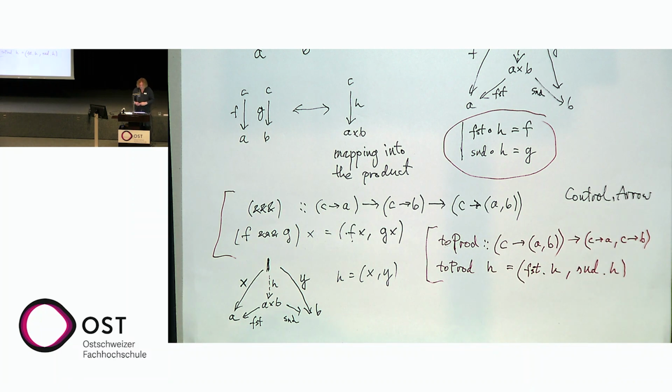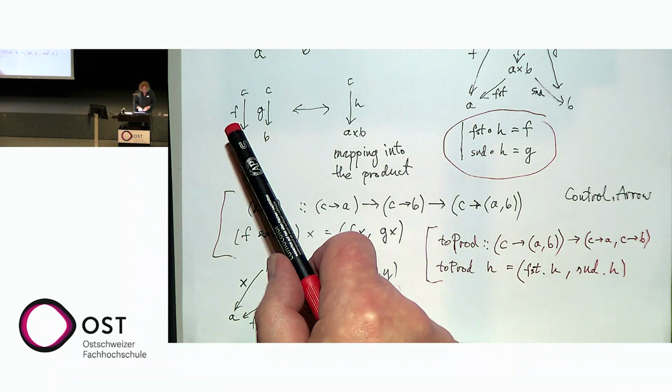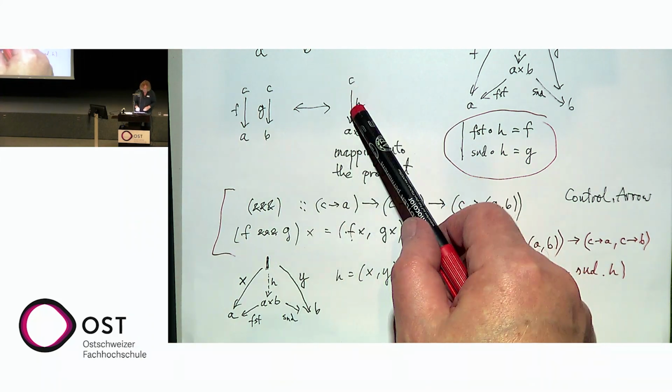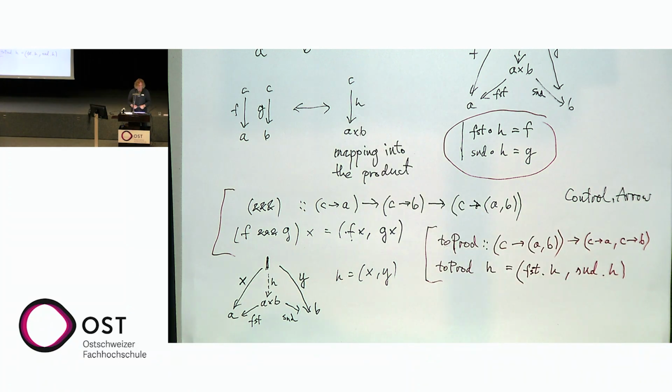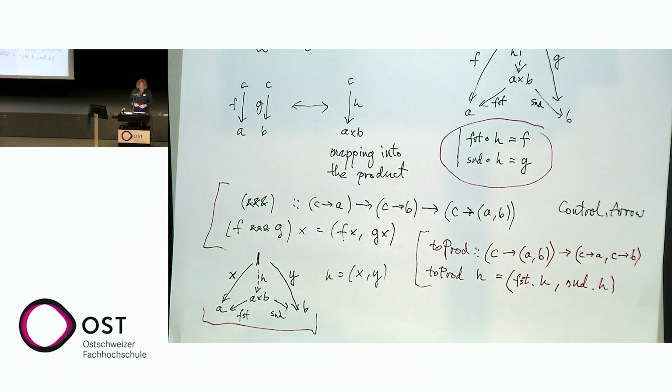Which means that we have the one-to-one correspondence between pairs of functions like this and a mapping into the product. Okay? So this diagram here is actually the introduction of a product.